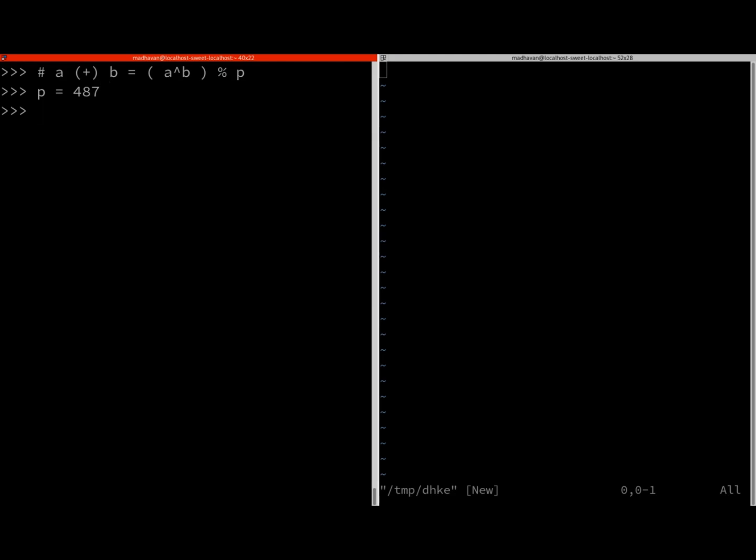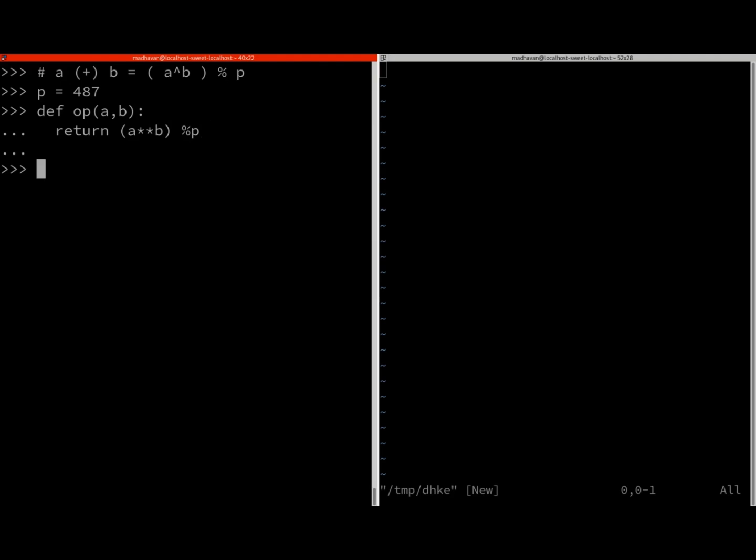Right? In practice, the prime numbers are really large, 20 to 30 digits long, but for simplicity's sake, I'm going to pick a relatively small prime number. Okay, so now let's define the operator itself. Given A and B, it returns A to the power B modulo P. Right? So this is just the Python syntax of the same thing.